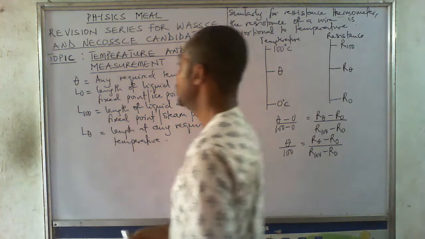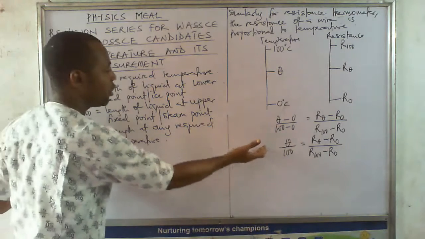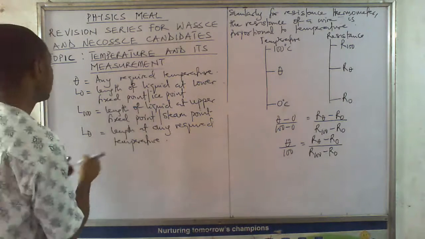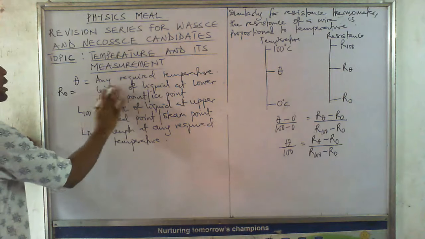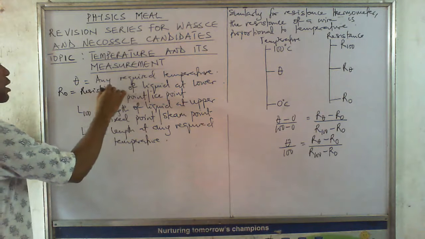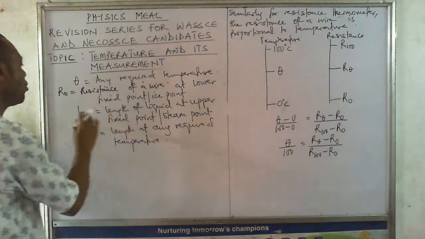We still use the same way to describe what each symbol stands for. So in this case I can write R naught as the resistance of a wire at lower fixed point.